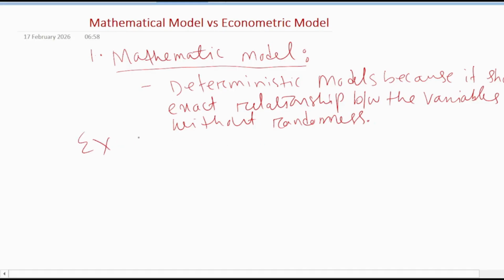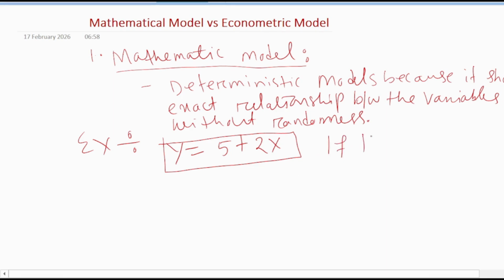For example, suppose we are having a mathematical model where y is equal to 5 plus 2x. Okay, this is a mathematical model and it will show the exact relationship. How? If the value of x will be equal to 10, then how much will be the value of y?